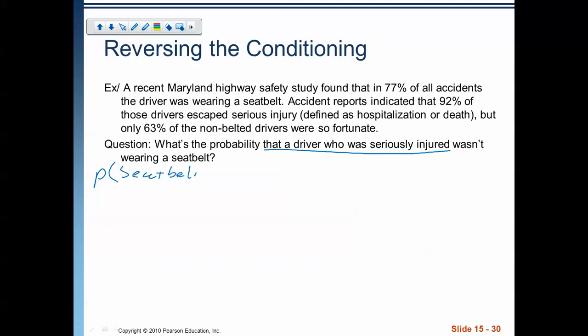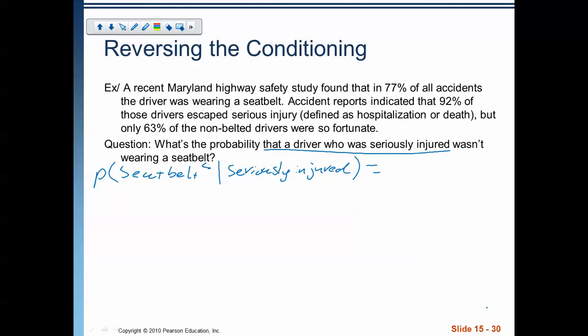So I'm going to write seatbelt complement, given that they were seriously injured. That's what we're looking for: the probability of seatbelt complement, they weren't wearing a seatbelt, given that they were seriously injured. Someone was injured. What's the probability that they weren't wearing a seatbelt? You have seatbelt complement given seriously injured.